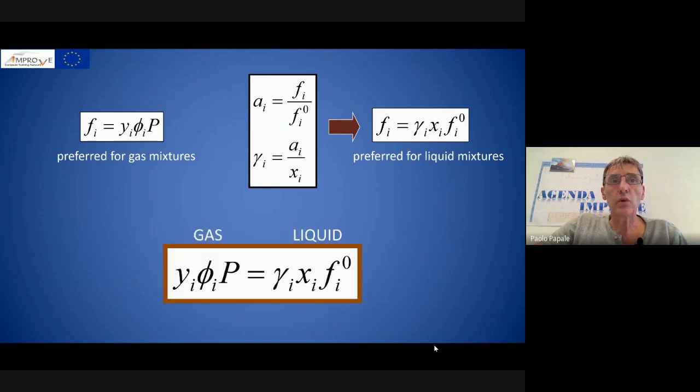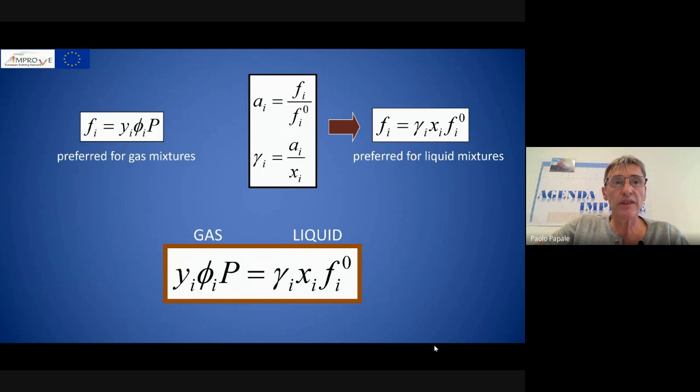We can thus equate the fugacity of the component in the gas and the liquid phases, and finally obtain an expression for chemical equilibrium, which is particularly well suited for gas-liquid mixtures. This is the basis for developing our model for multi-component gas-liquid equilibrium in magmas.